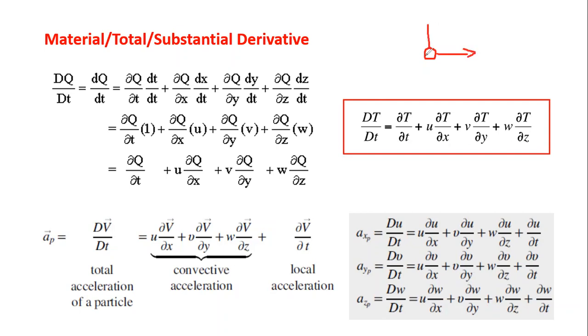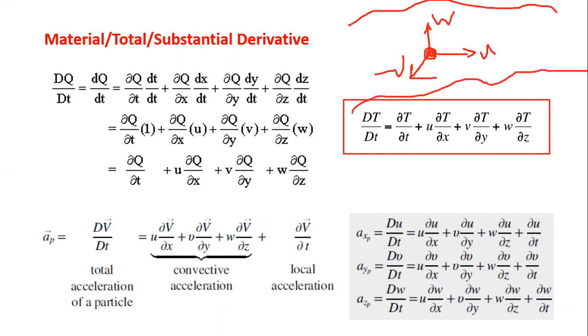This velocity vector has three components: u, v, w. And this velocity vector is in a certain flow domain with other fluid particles moving also in the domain.